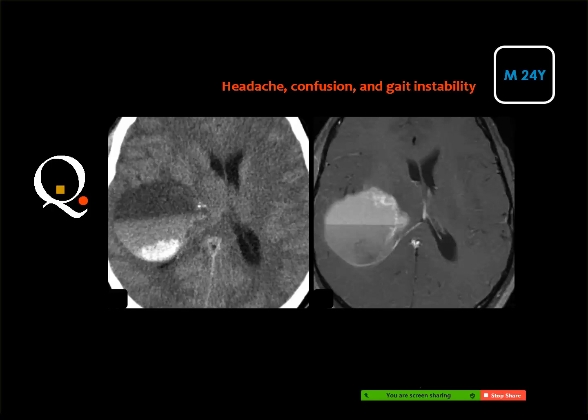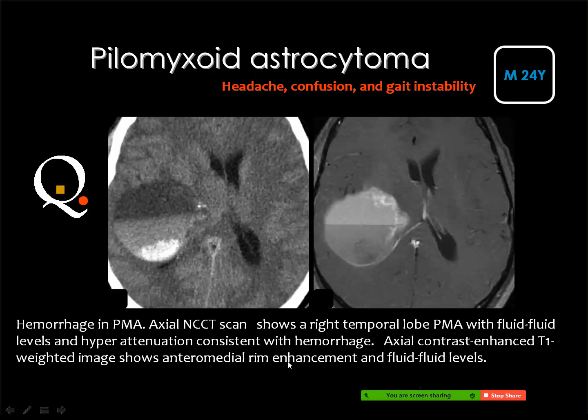Pilocytic astrocytoma. Okay, actually, you are almost right, but this is a new tumor which is known as myxoid astrocytoma. It is almost similar to the pilocytic astrocytoma, but is now recognized by WHO to be a grade 2 glial tumor.